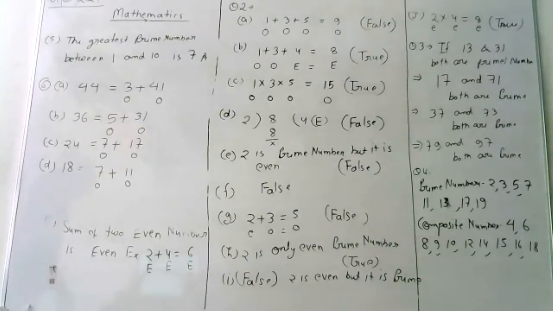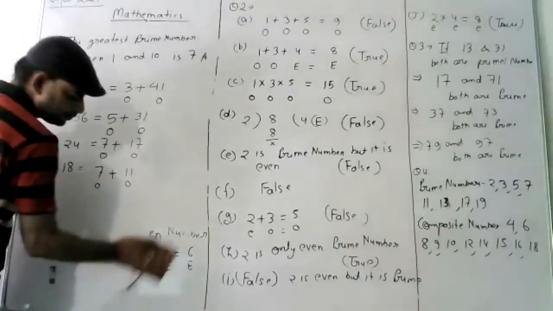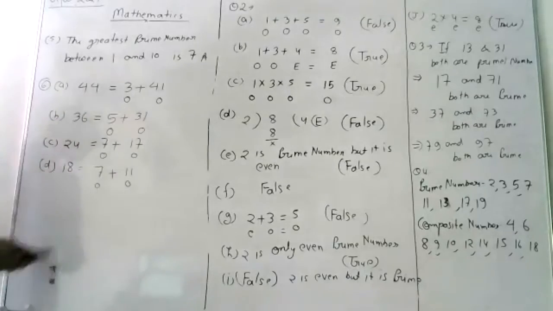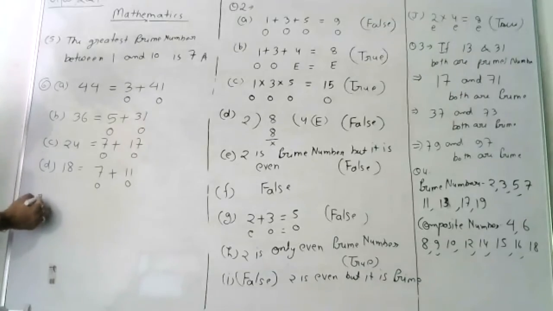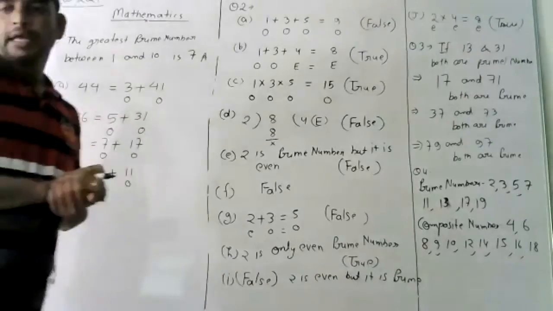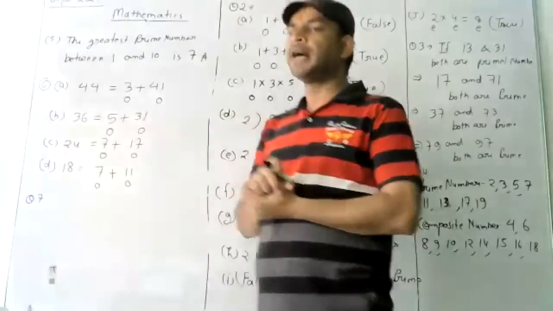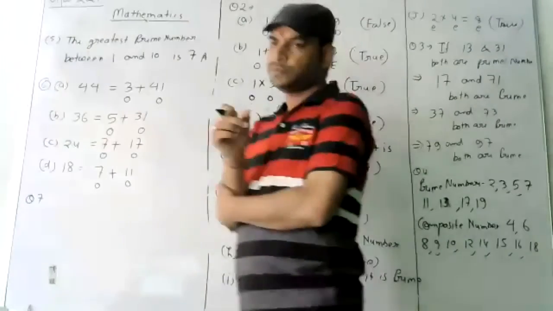Now, next is question number 7. Give three pairs of prime numbers whose difference is 2.